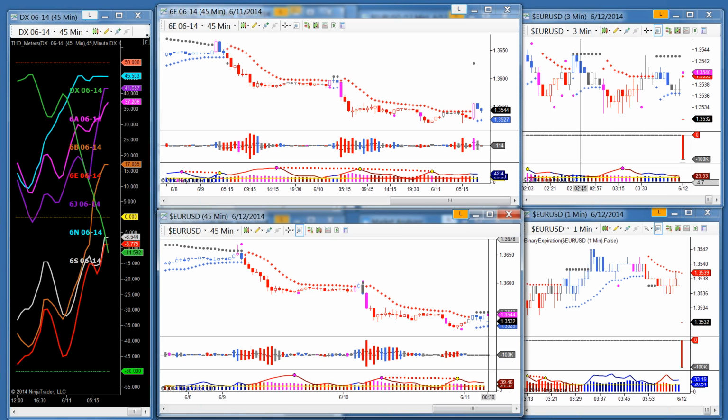The reason that you can do that, and I stress this because I want to make sure everybody understands it, is because all of the currency futures are against the dollar. Okay, so this is the significance of the Aussie dollar, the British pound dollar, the euro dollar.